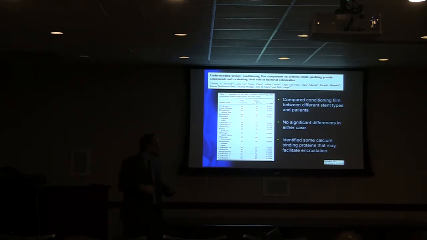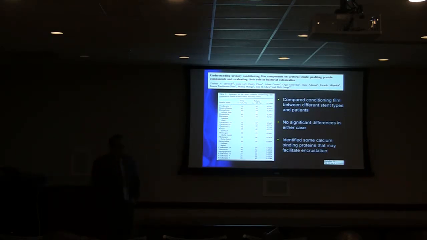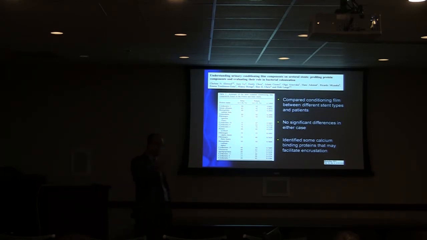The overall conclusion from this study was that there is no significant difference in either case. The major adhering components were basically all the same. They're all listed here, and it's quite interesting: cytokeratin, serum albumin, hemoglobin, uromodulin, which is the most abundant protein in urine, fibrinogen, and so on and so forth.